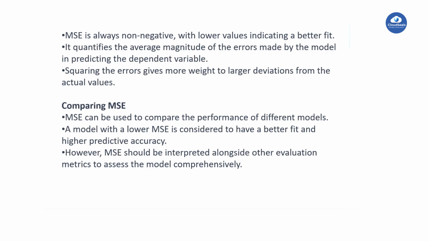By using this MSE. The model with the least error is the good model. A model with lower MSE is considered to have a better fit and high predictive accuracy. If the error is very low, it gives good accuracy. If the error is very high, accuracy is reduced.